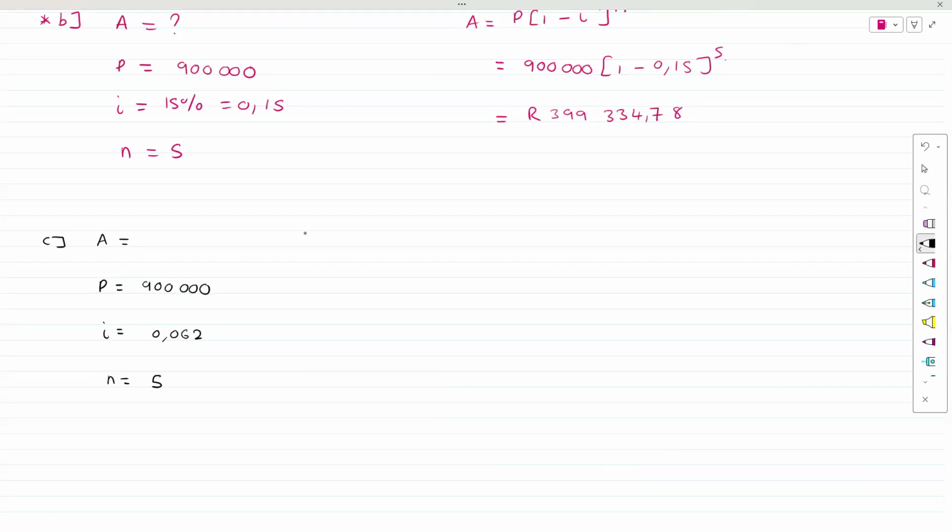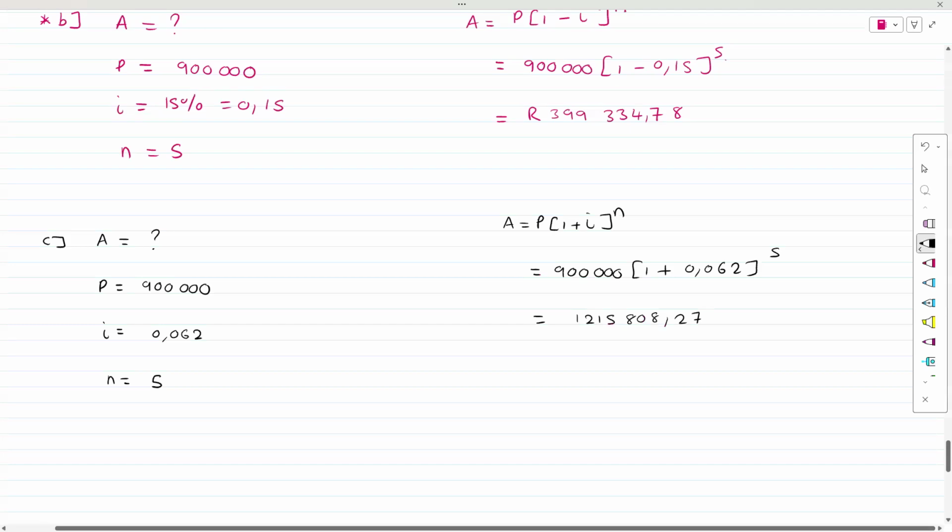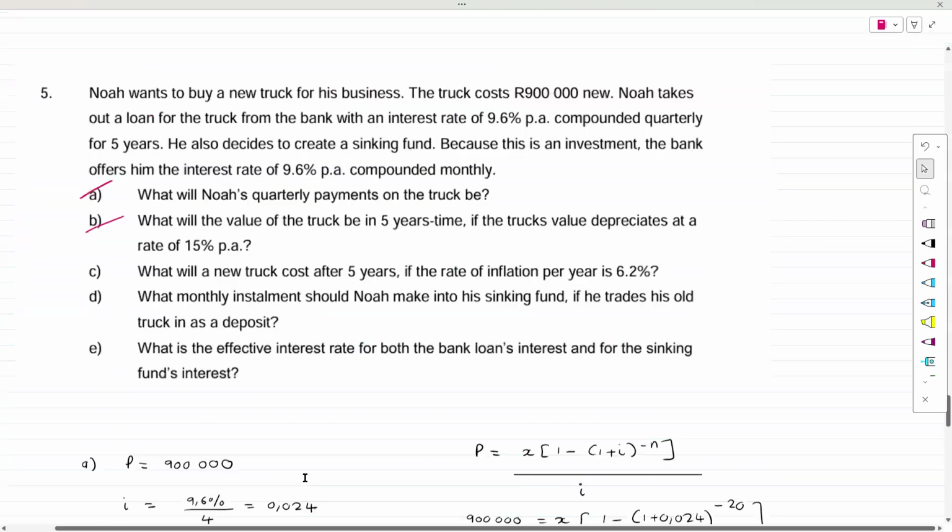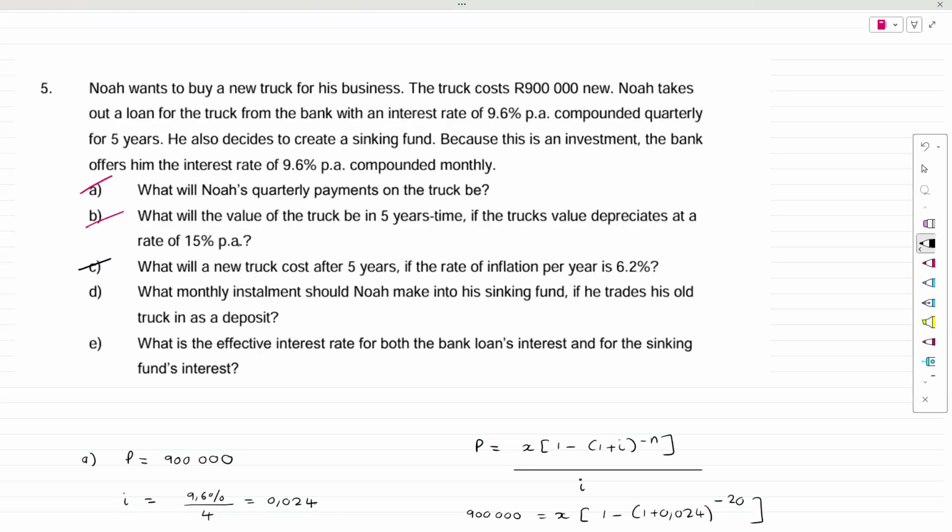N is 5 years, and we don't know what A is. So again, A equals P times 1 plus I to the power of N. P is 900,000. That's 1 plus 0.062 to the power of 5, and that should equal 1,215,808.27. So 1,215,808 Rand. Okay, so it's not too bad. One truck depreciated, one truck appreciated.